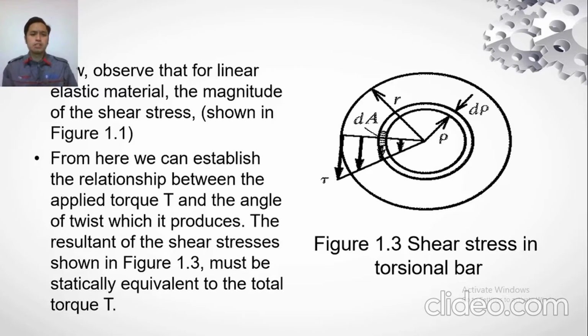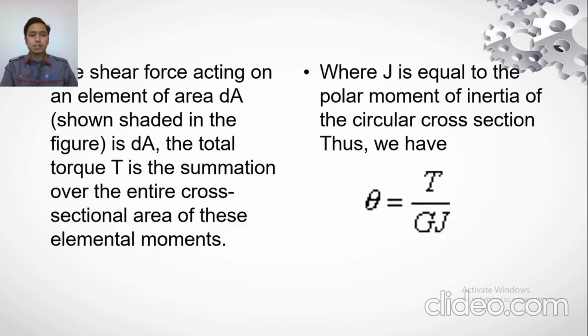The resultant of the shear stresses shown in Figure 1.3 must be statically equivalent to the total torque T. The shear force acting on an element of area dA, shown shaded in the figure, is tau dA. The total torque T is the summation over the entire cross-sectional area of these elemental moments, where J is equal to the polar moment of inertia of the circular cross-section.